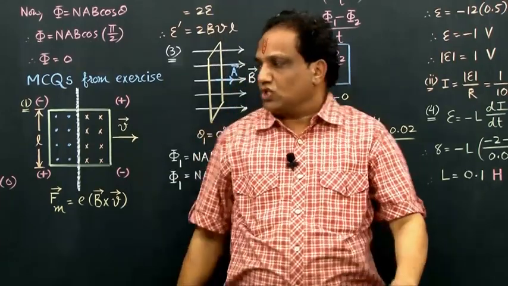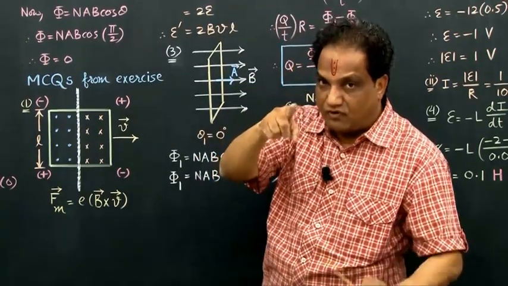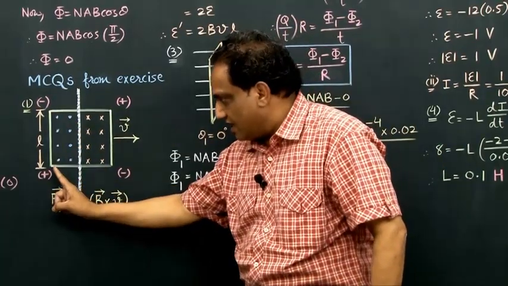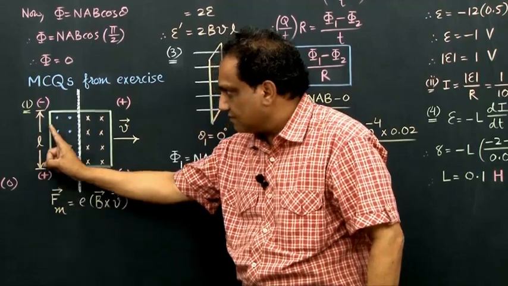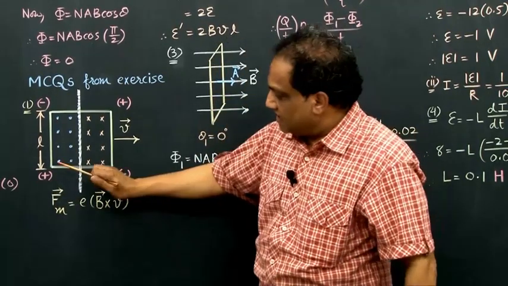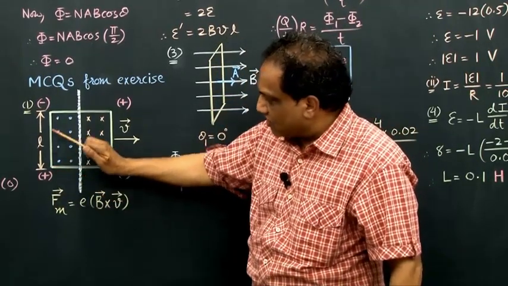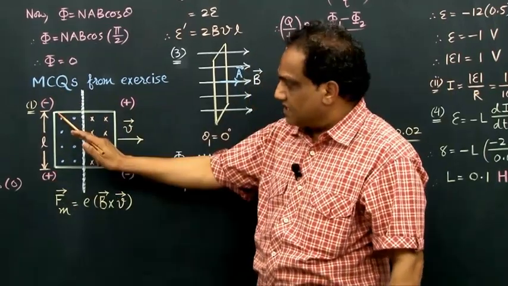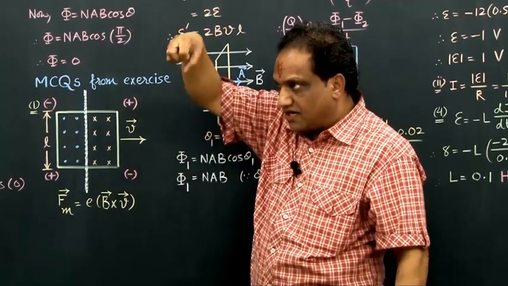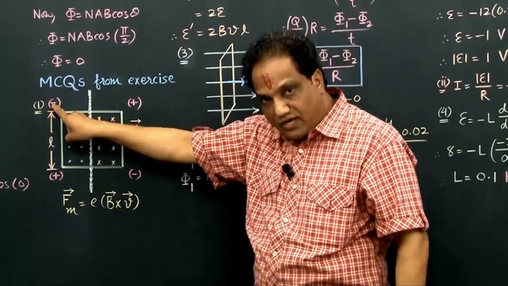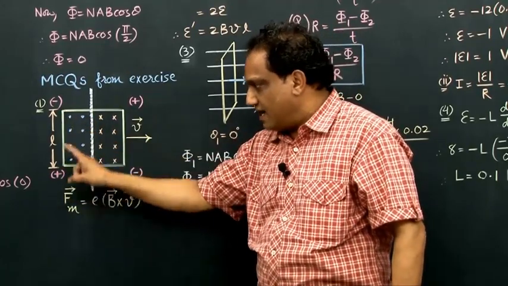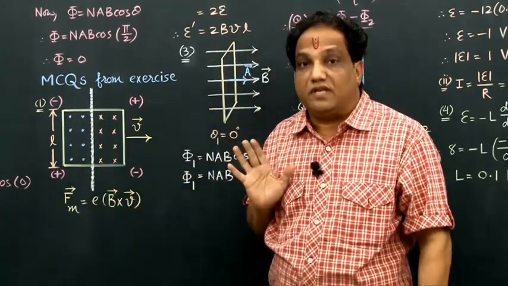So the direction of magnetic force exerted on electrons in this wire is vertically upwards. So this end after losing electrons will become positive, and this end after gaining extra electrons will become negative. That is how some EMF is developed between these two ends. Let it be capital E.